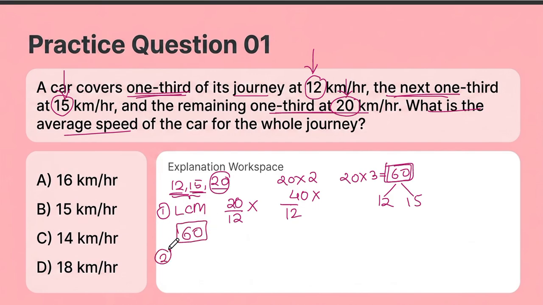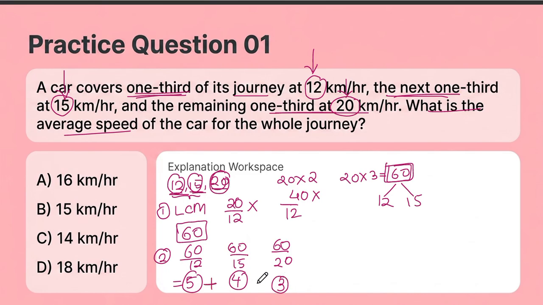Now the second part, find the time. How to find the time? Divide the LCM by the speed of each interval. 60 by 12 is 5. Then 60 by 15 is 4. And 60 by 20 is 3. So these are our times, first, second and third. Add these times: 5 plus 4 plus 3 is 12, so the total time is 12.